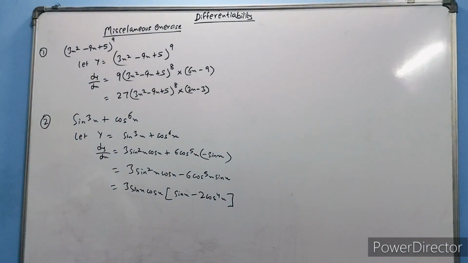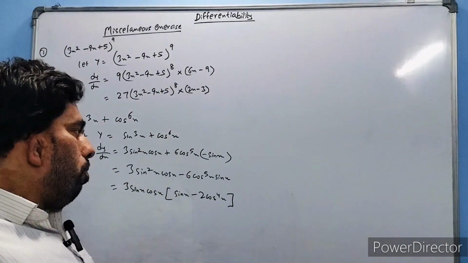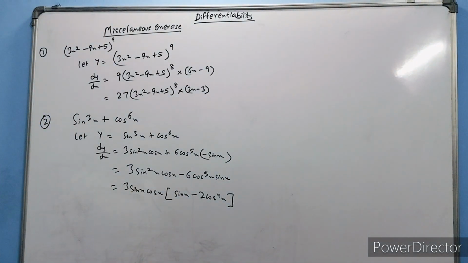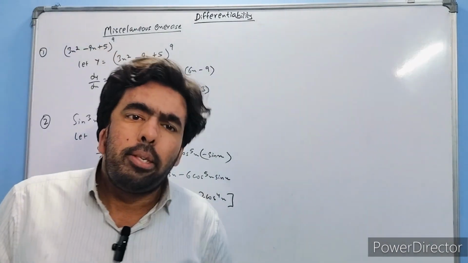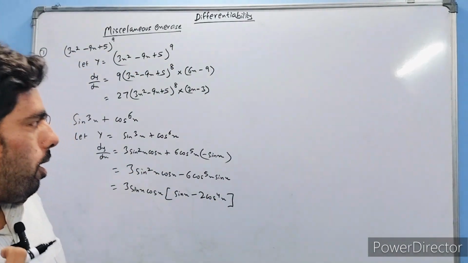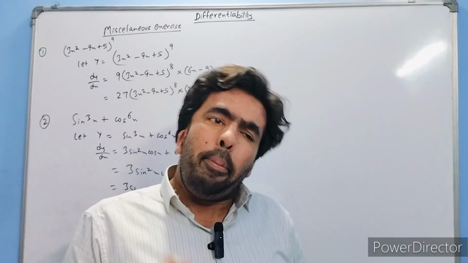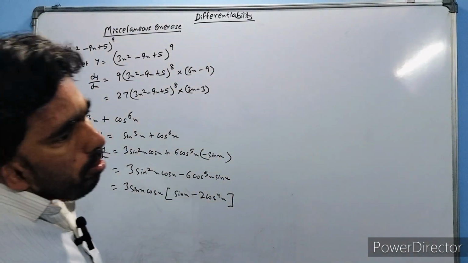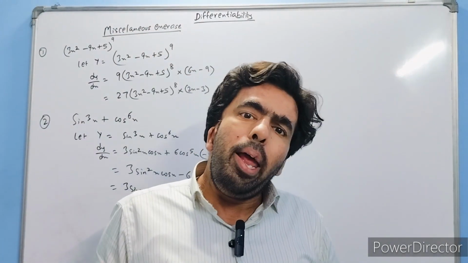Okay, so that is how we are able to differentiate the function. This is a miscellaneous exercise, so it will be a bit tougher as compared to each and every exercise of this chapter, but we'll try to solve and make it easier so that it will be understood by everyone.